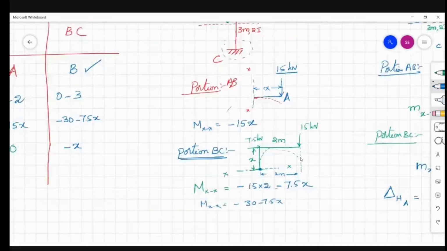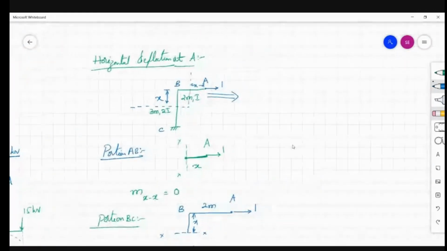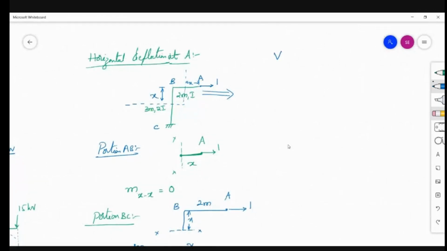Before getting this horizontal deflection, let us go for the vertical deflection also, the vertical deflection at A.